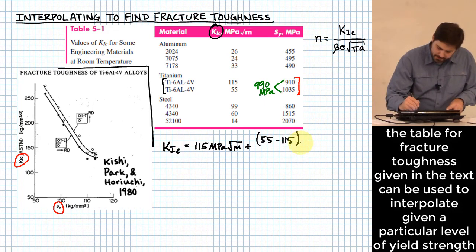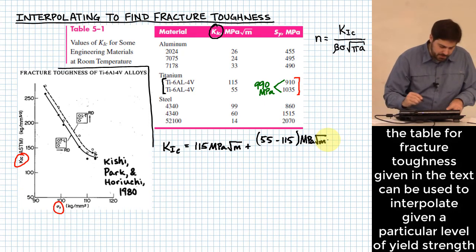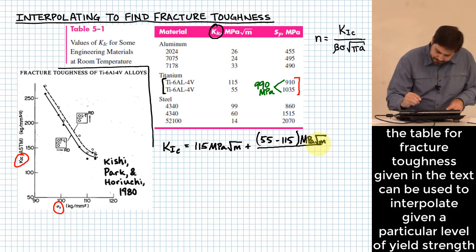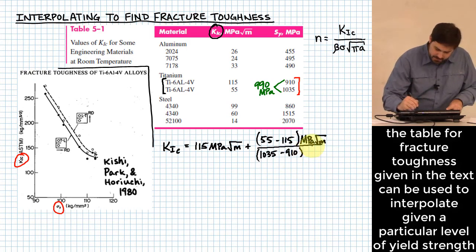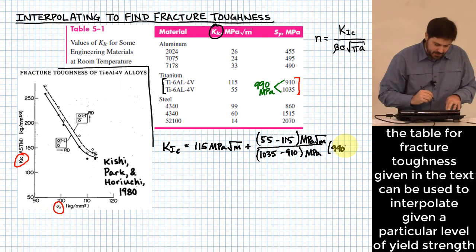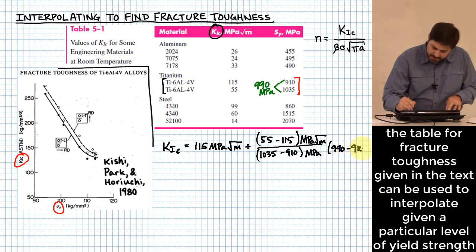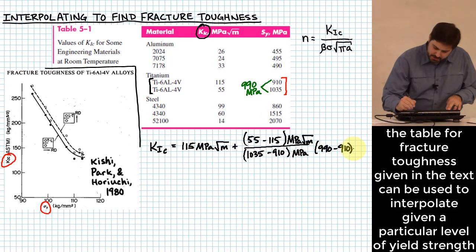Those all have the same units, so I'll take MPa square root of meters all in one spot, over 1035 minus 910, which is just in MPa. And all this is going to get multiplied by 990, our data point, minus 910 MPa. So all I'm doing here is just interpolating.